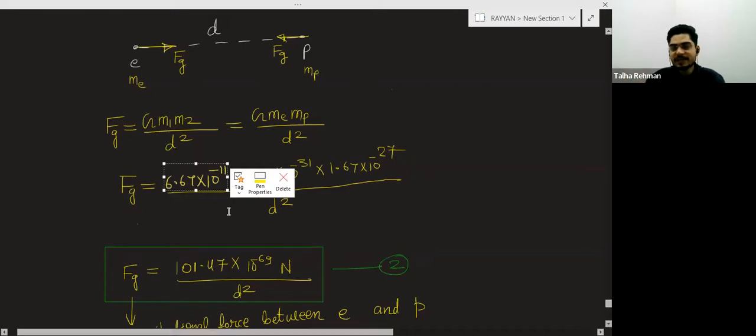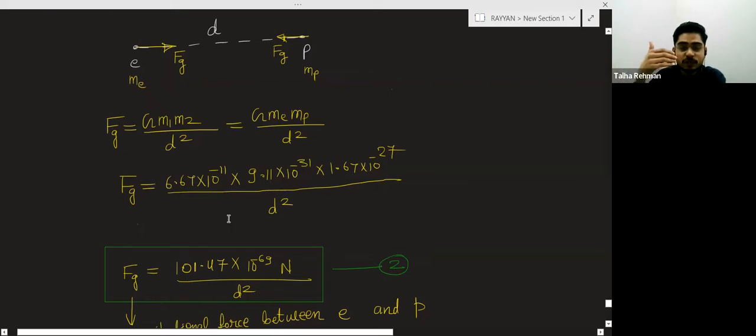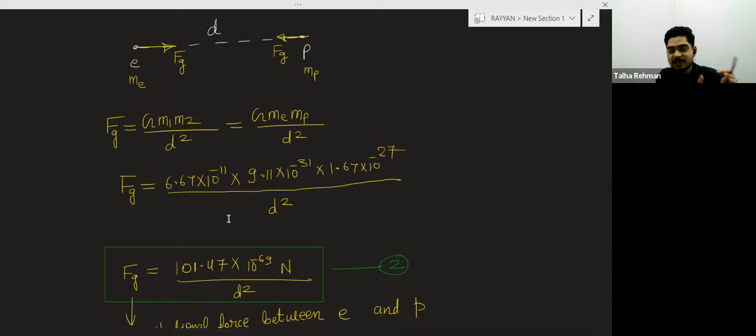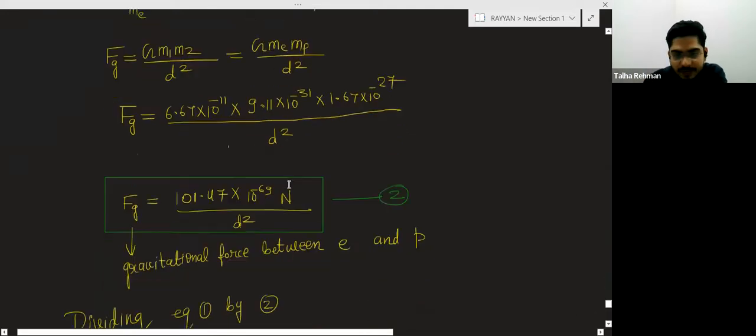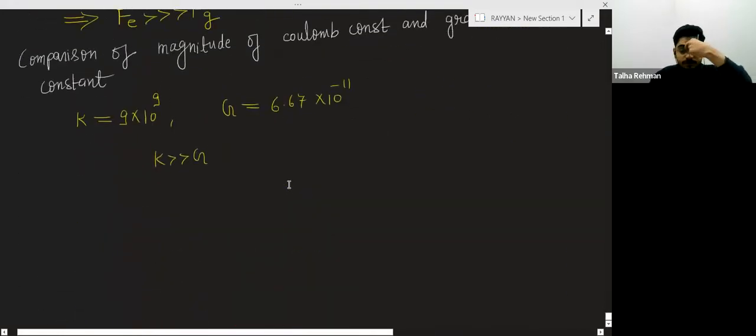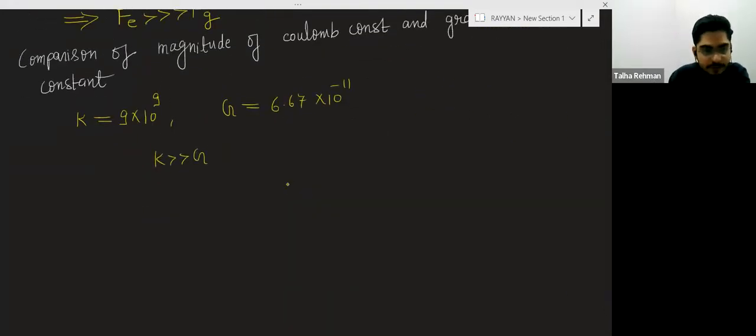So from the constants of the electric force and the gravitational force, we can conclude that the gravitational force is much weaker than the electric force. Okay, so I can write one point here.